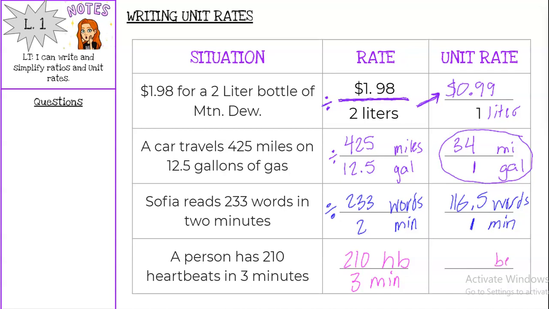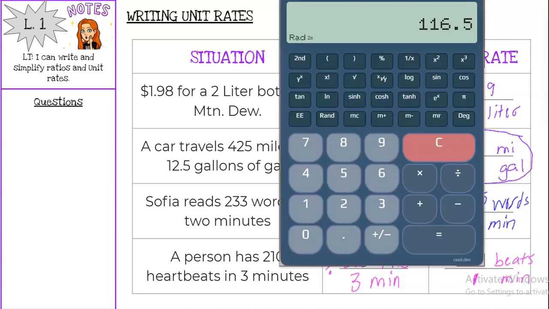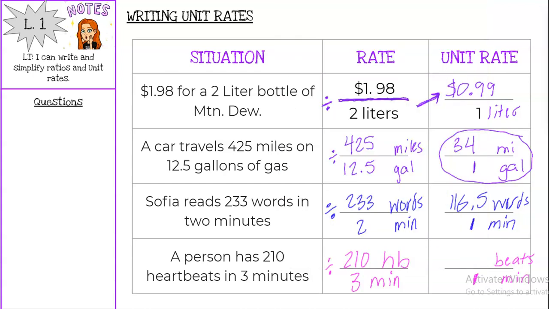So we're going to figure out our beats per minute, that 1 minute unit rate. All we have to do is divide 210 by 3, and we get 70. So we have 70 beats per minute, a little above a good resting heart rate.